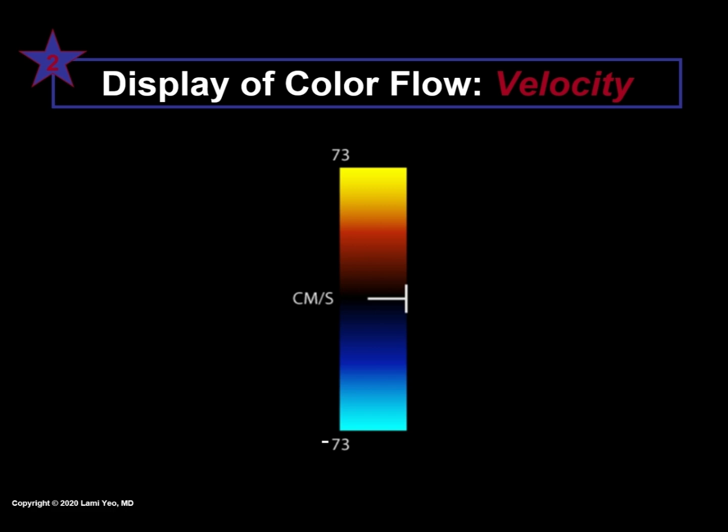Lighter shades depict faster flow. For example, color Doppler displayed in an orange color or lighter saturation on the screen means that blood is flowing faster towards the transducer than if the display is in red color on the screen.